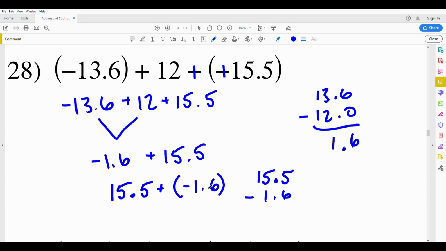Those are equivalent. 15.5 plus negative 1.6 is equivalent to 15.5 minus 1.6. So when I go ahead and subtract, I'll get 13.9 as my result. So 13 and 9/10 is my solution in number 28.